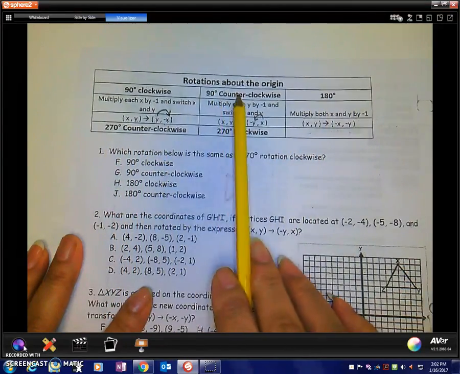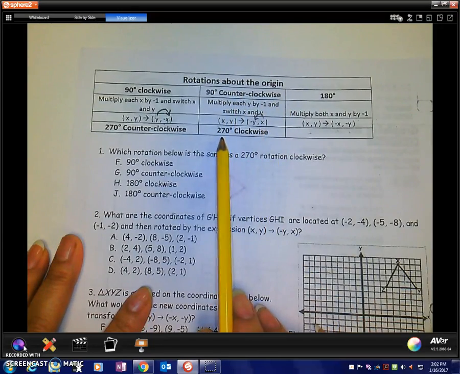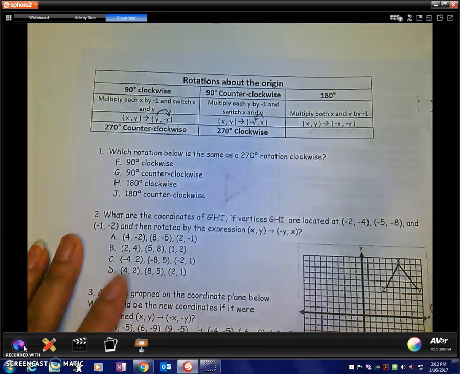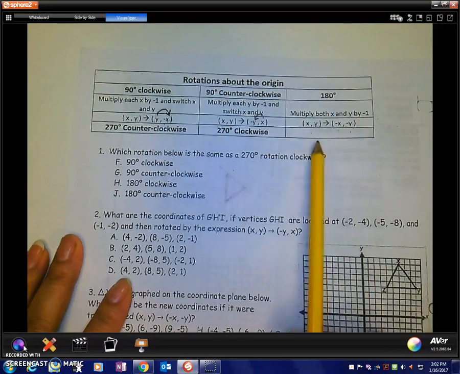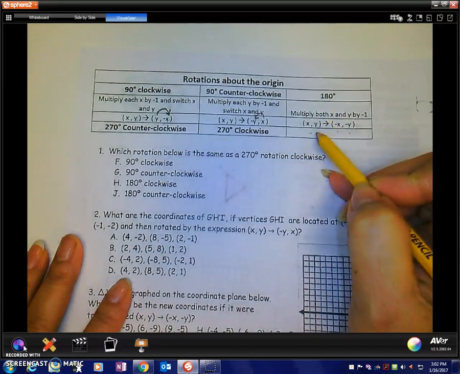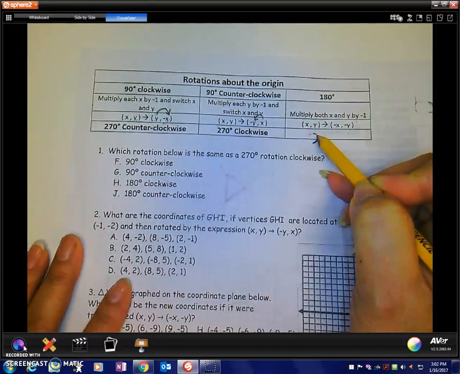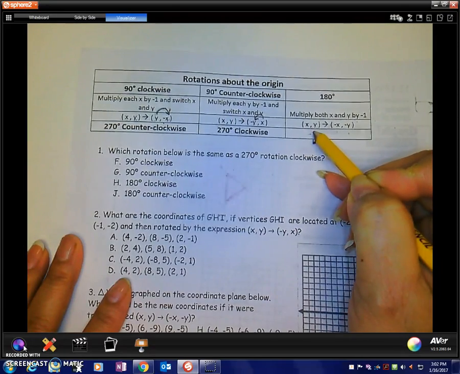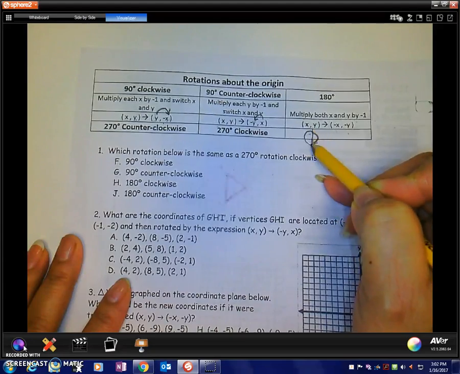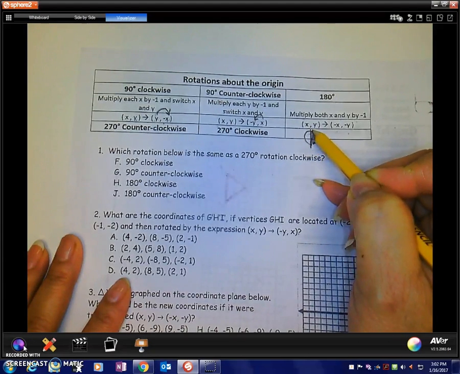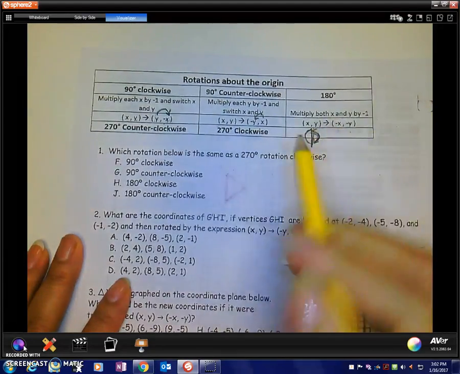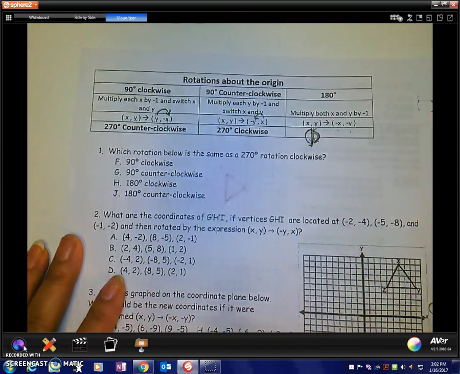And 90 degrees counterclockwise is the same thing as 270 clockwise. 180 degrees, it doesn't matter which way you go, it's still the same, this way or this way would be the same too. 180 is 180, half of a circle. Either way you go, you still get there.